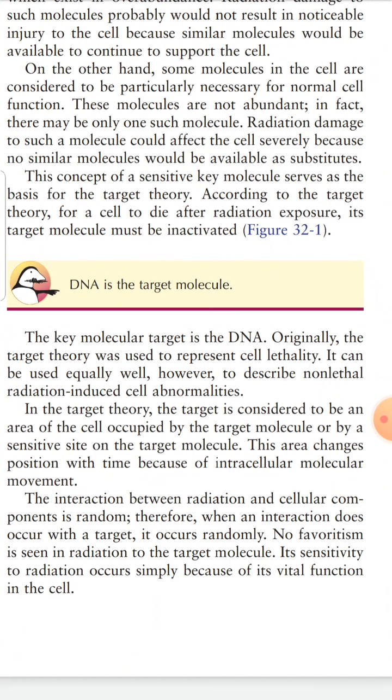So a hit does not necessarily occur only after DNA and radiation interaction. It can also occur with the other molecules that are present in abundance. We will say that in that case a hit has also occurred.